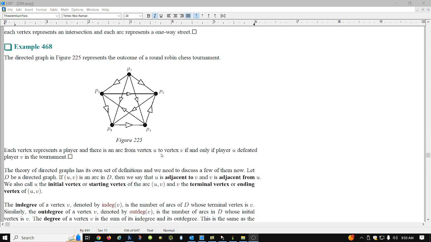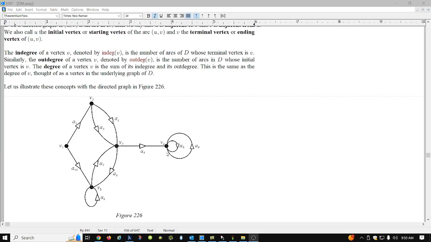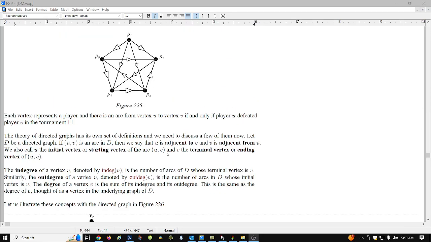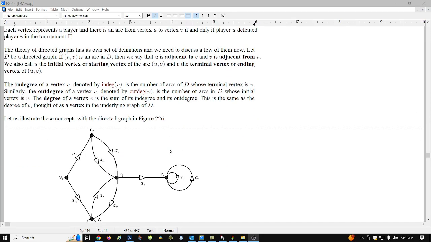Now, the theory of directed graphs has its own set of definitions. And you're probably saying now, oh no, not more definitions. But these aren't quite as bad as the previous ones. Once you've mastered the previous definitions, these are just directed versions of those concepts and those definitions.